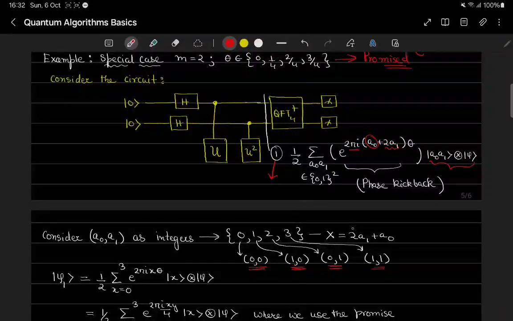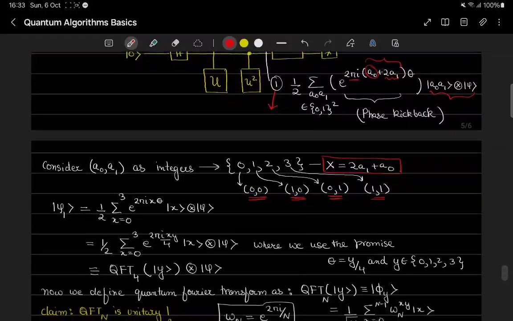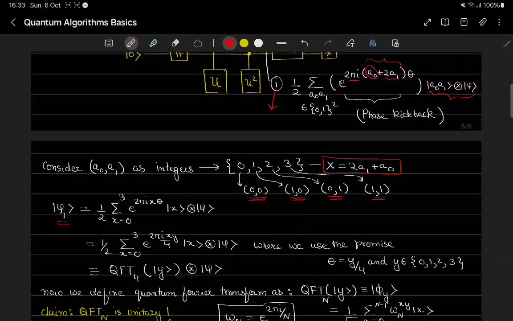So this can be thought of as a binary representation of the integers x. You can write x as a0 plus 2 times a1, which is exactly the kickback phase factor that we have. So we can write psi 1 as this particular term here, where I have replaced the binary digits 0 and 1 with the integers as per this convention.